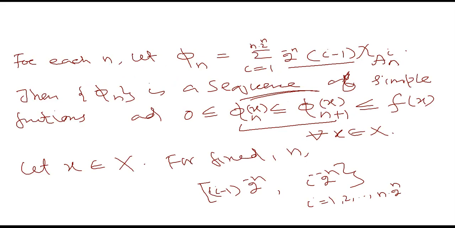So we have 0 less than or equal to f(x) minus phi_n(x), and x is in A_{n,i}.